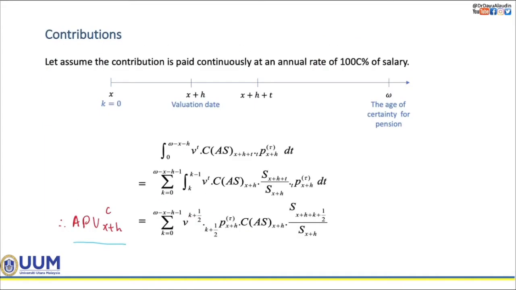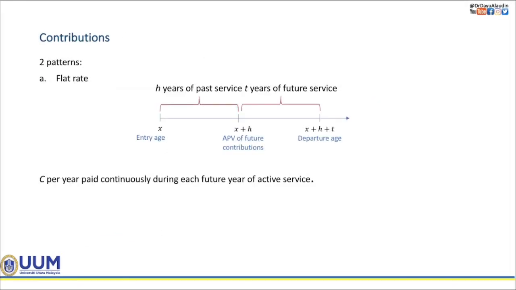Then we move back to the contributions part. So how to find the APV for contributions? There are two patterns of contributions. First, flat rate, where the C is constant throughout the active service.